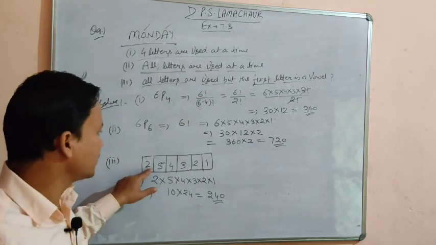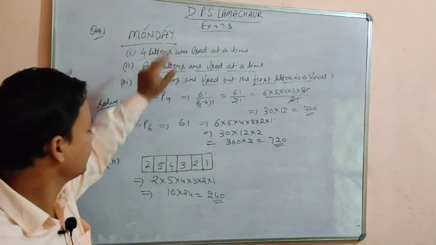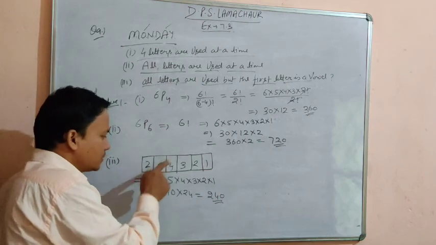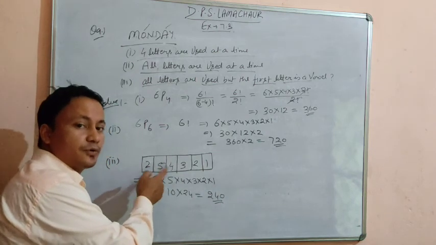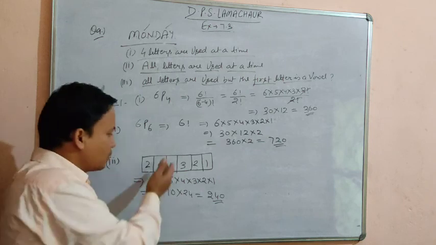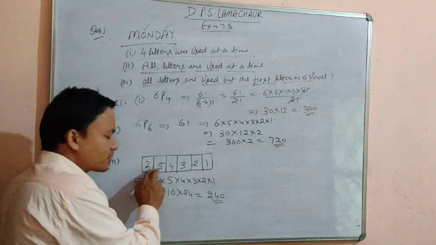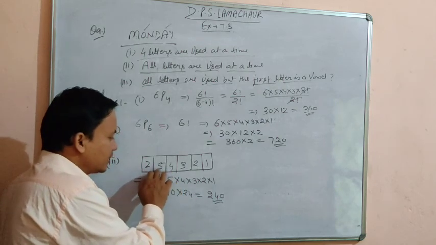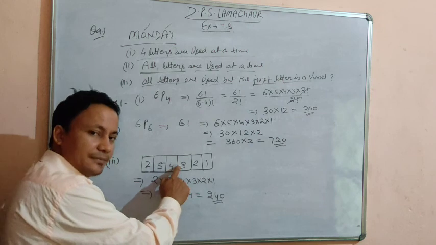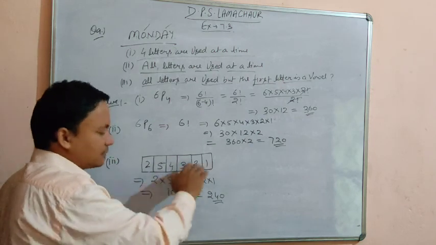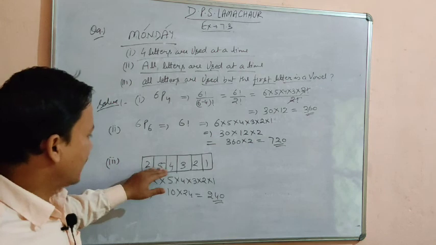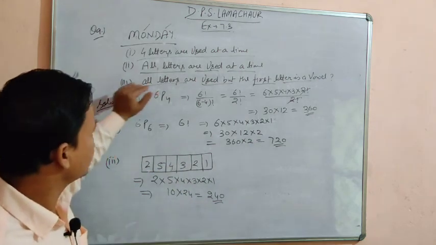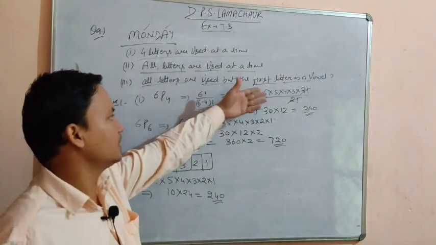Now if one letter is fixed here, the number of options to fill the second box is 5, because repetition is not allowed, so one option is reduced. After filling 2 boxes there are 4 options left to fill this box. After fixing 3 letters, there are only 3 options left to fill this box. So with the same condition, 2 into 5 into 4 into 3 into 2 into 1, the total number of arrangements is 240, in this case when the word starts with a vowel.